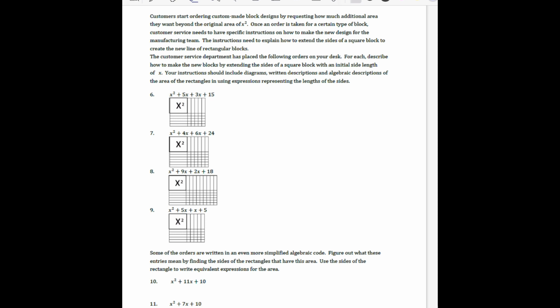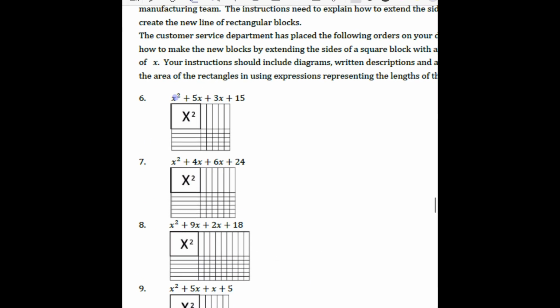Once an order is taken for a certain type of block, customer service needs to have specific instructions on how to make the new design for the manufacturing team. The instructions need to explain how to extend the design of a square to create the new line of rectangular blocks. The customer service department has placed the following orders on your desk. For each, describe how to make the new blocks by extending the sides of a square block with an initial side length of x. So this is the overall area.